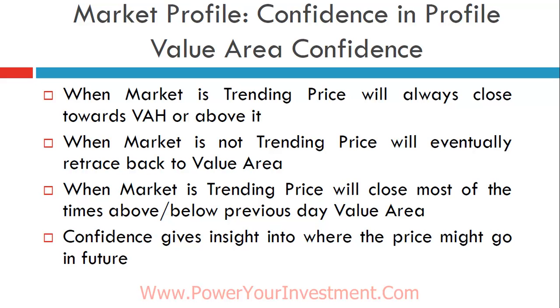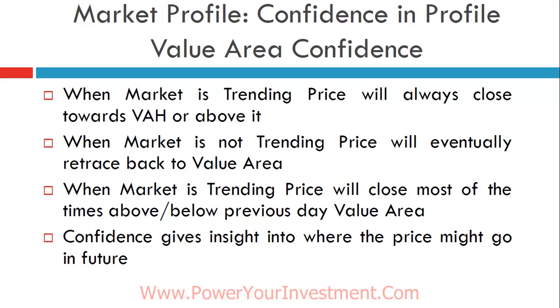Now when the market is trending, the current price will most of the time close above the previous value area. That is, if we are talking about an uptrend, then 7 out of 10 times the current close will be above the previous day's value area high.